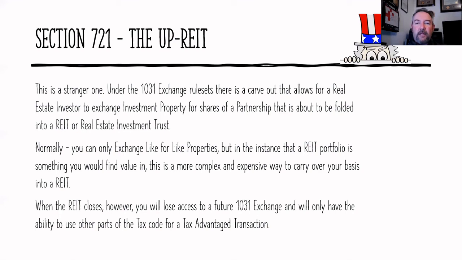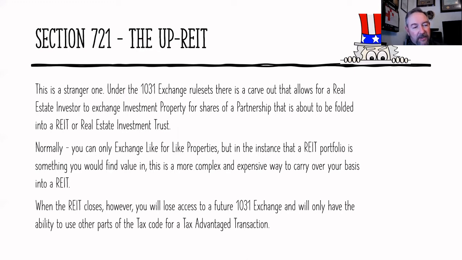The 721 UP-REIT. Okay, so yet another 1031 sneaky strategy to take one property and get it into multiple properties held in a REIT structure. So unlike the DST, we're actually going into a proper REIT. However, this proper REIT has to have a property that it's about to acquire, and you want to buy into that property before the REIT acquires it and makes it part of its real estate investment trust.